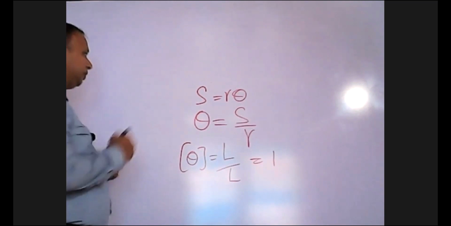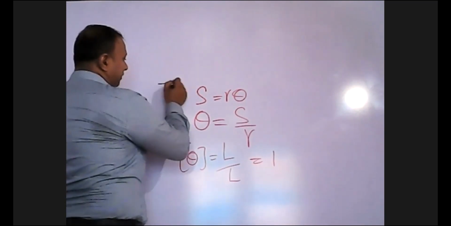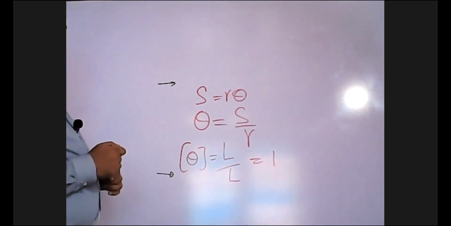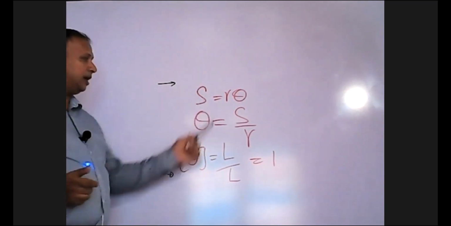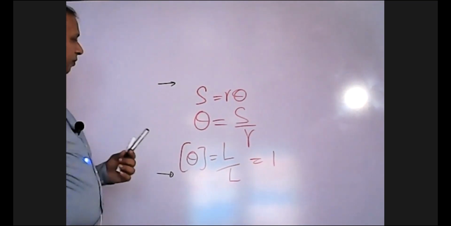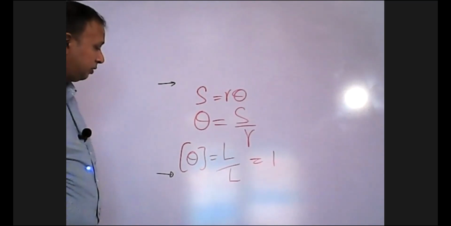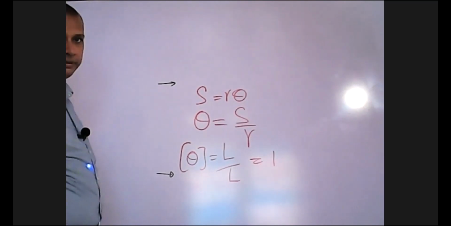After that, write this one. S equals r theta. Therefore, theta is equal to S over r. The dimension of theta is equal to 1.